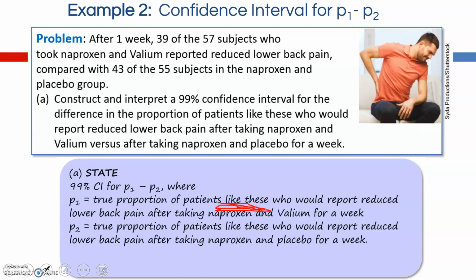So we say the true proportion of patients like these who would report reduced lower back pain after taking naproxen and Valium for a week. p sub 2 is the true proportion of patients like these who would report reduced lower back pain after taking naproxen and placebo for a week. Okay? And we typically keep our tenses in the present tense. We try to avoid past tense because then it sounds like we're referring to the sample.